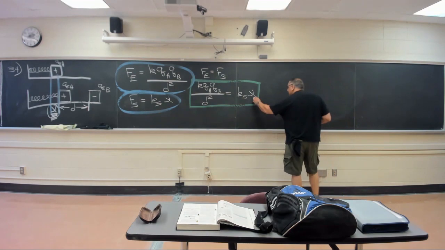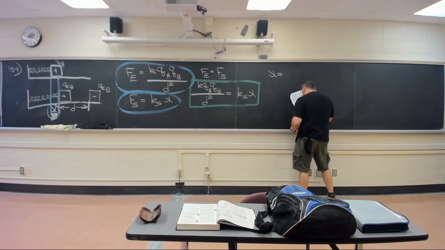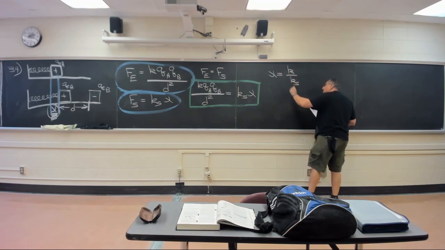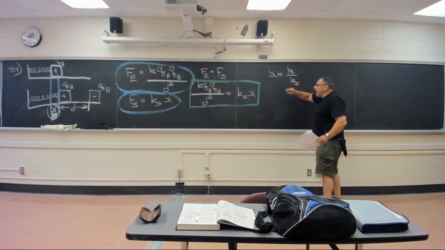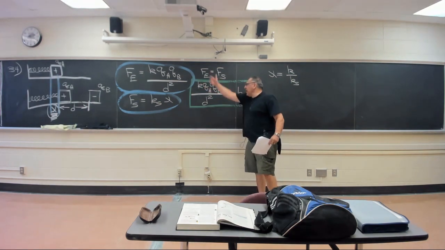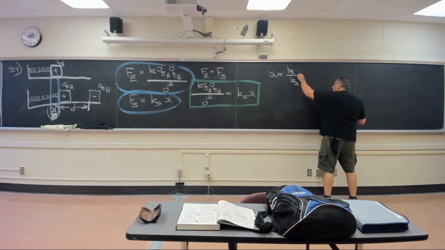To find what X is, divide by Ks on each side and you're done. That's the end of the story. Let me put the K's together somehow: K over Ks times the other business going on here.